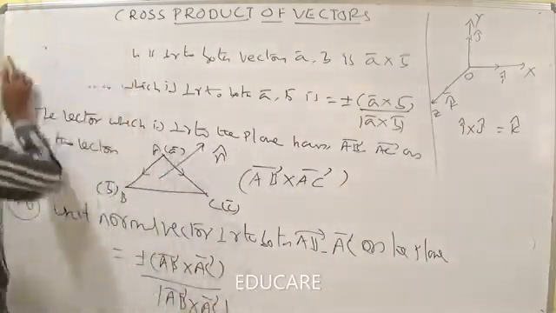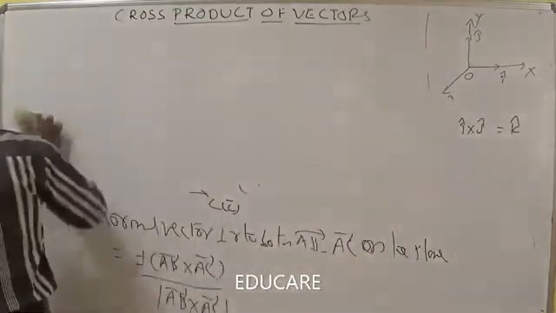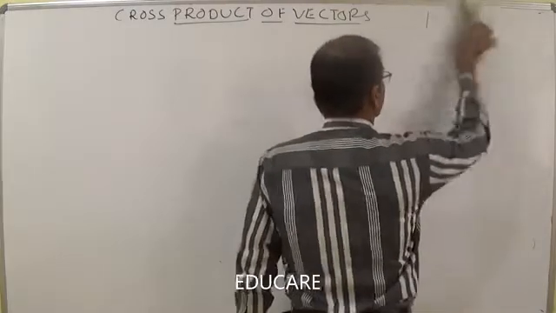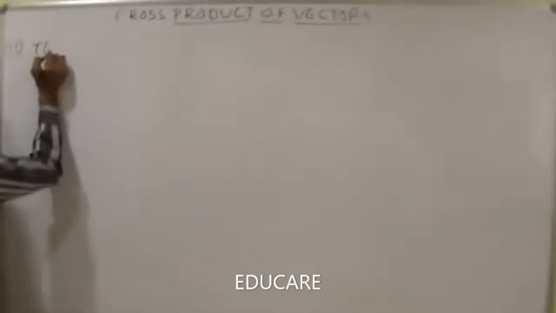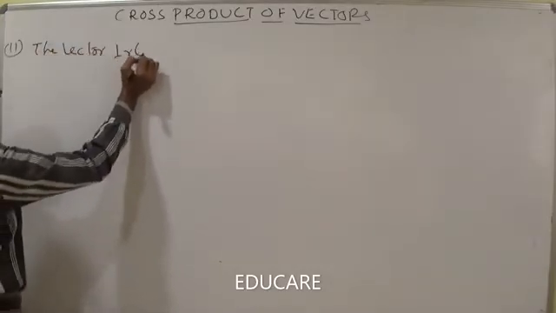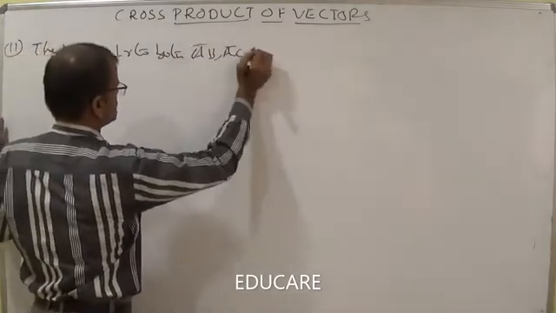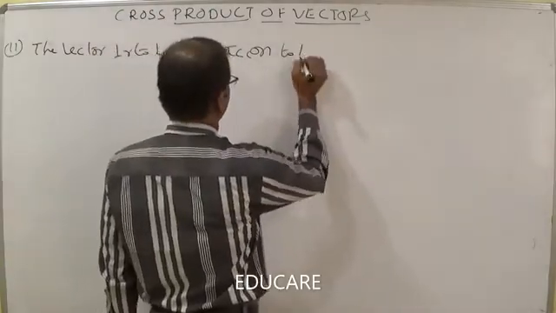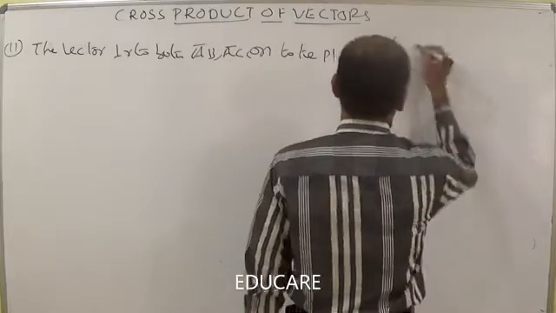Let us discuss the 11th point. The vector which is perpendicular to both AB and AC, that is, perpendicular to the plane.